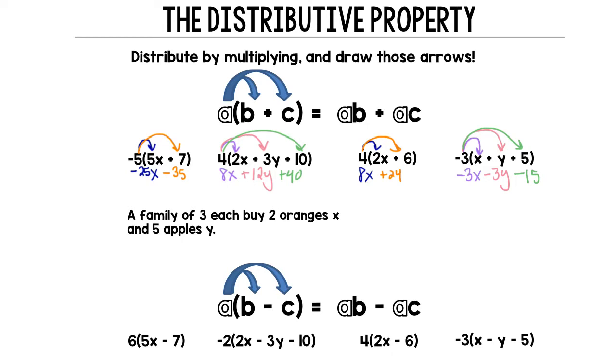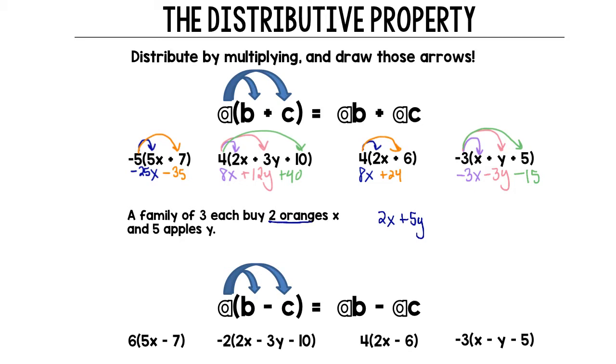Let's write a little expression here. A family of 3 buys 2 oranges, x, and 5 apples, y. We want to write an expression to represent this. Well, we know that each person in the family buys 2 oranges, which are represented by x, and 5 apples, which are represented by y.